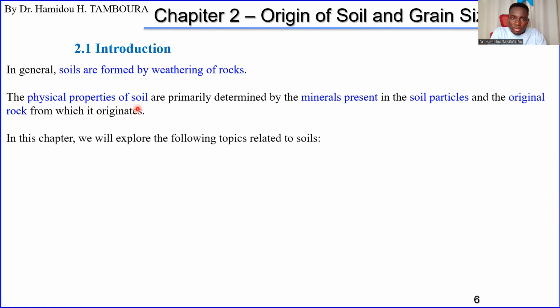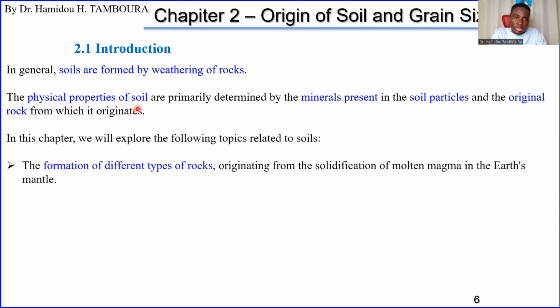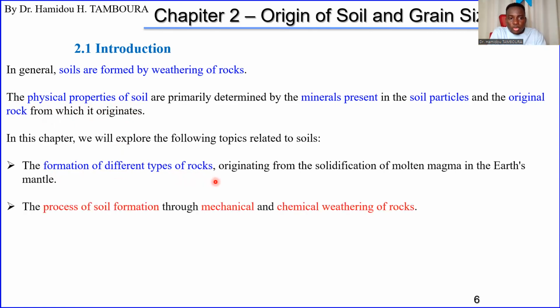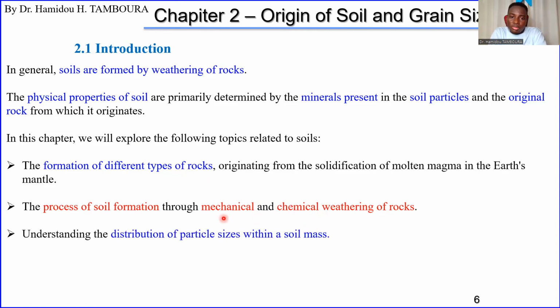So in this chapter, we will explore the following points. First point is the formation of different types of rock. Second point is the process of soil formation through mechanical and chemical weathering of rock, because there are many types of weathering. Then understanding the distribution of the particle size of the soil.